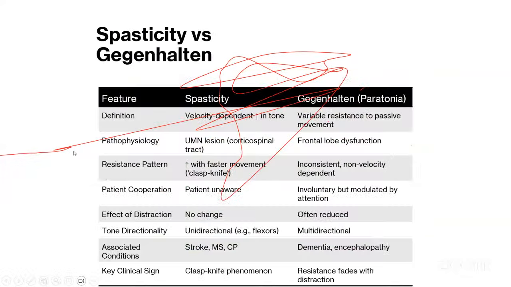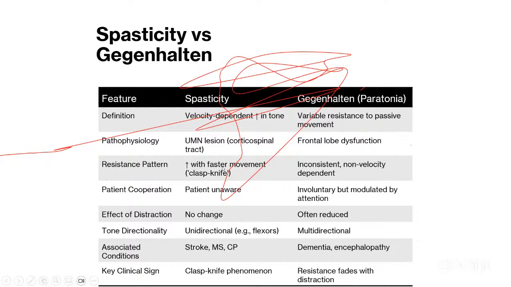This is what we are seeing, the clasp knife phenomenon. We have to differentiate spasticity from Gegenhalten, or paratonia. Spasticity is velocity dependent, whereas Gegenhalten is velocity independent resistance to passive movements. Spasticity is mainly because of the UMN lesion, and Gegenhalten is seen in frontal lobe dysfunction.